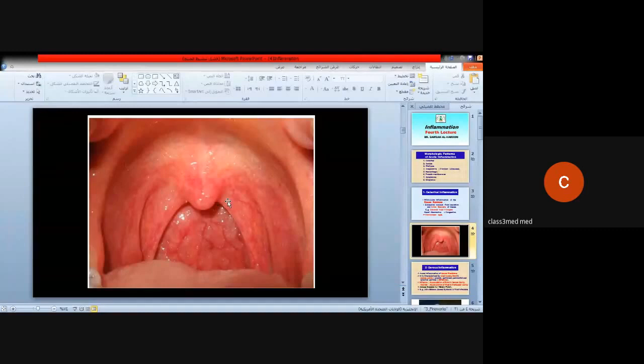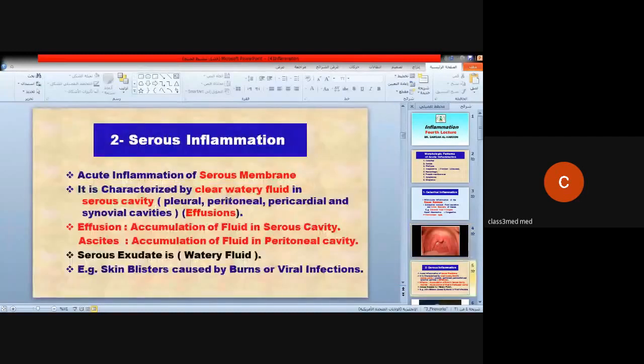The second type of acute inflammation is serous inflammation. From the name, serous means inflammation of serous membrane. Serous inflammation is acute inflammation of the serous membrane, and it is characterized by clear watery fluid, not catarrhal mucus fluid.